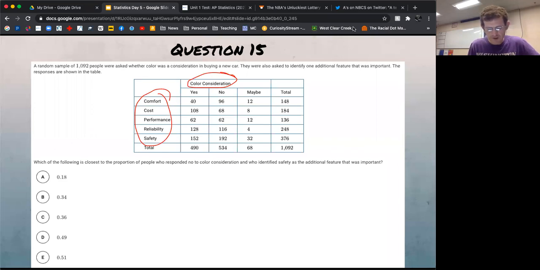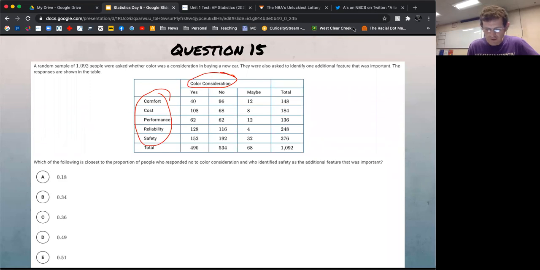Which of the following is closest to the proportion of people who responded no to color consideration and who identified safety as the additional feature that was most important? So the question is, are we looking for a conditional distribution and therefore probability, or are we looking at an overall out of the total?